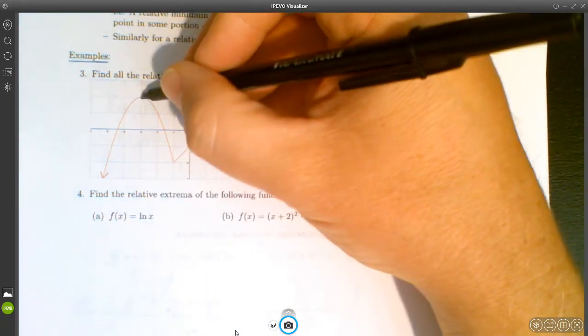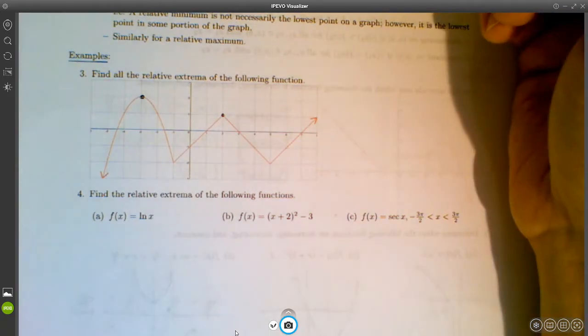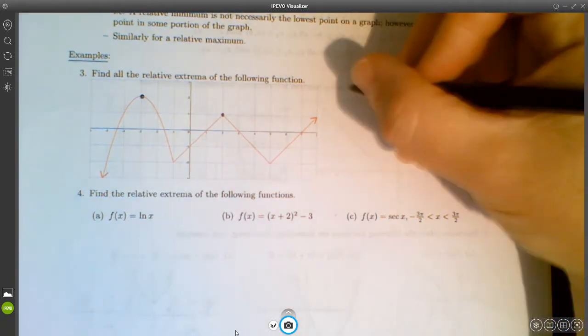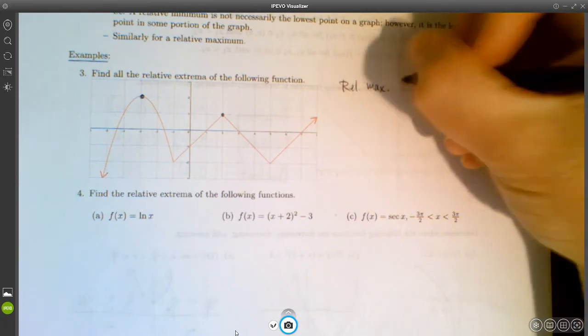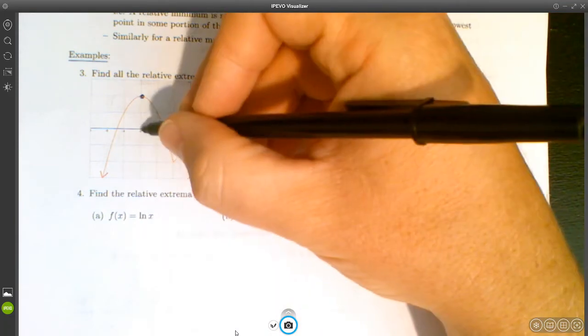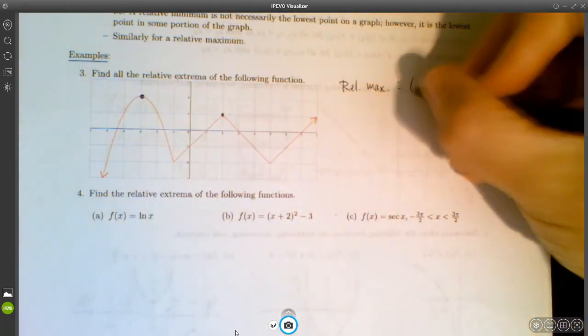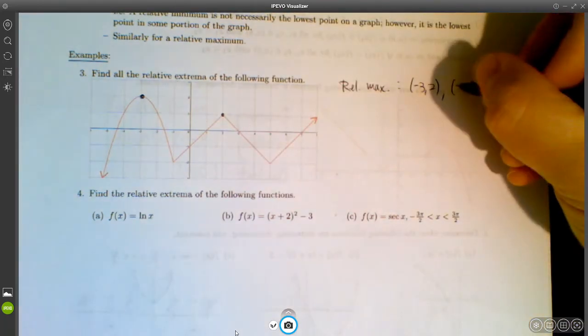But it does have a relative maximum there, and it has a relative maximum there. So the relative maxima take place at the points (-3, 2) and (2, 1).